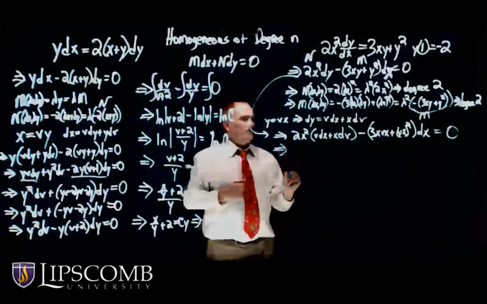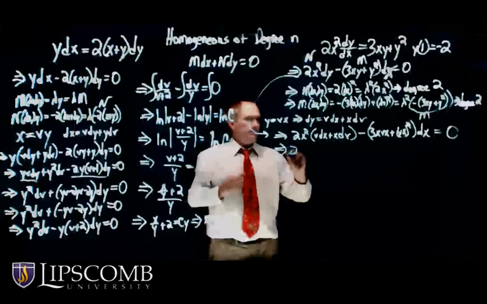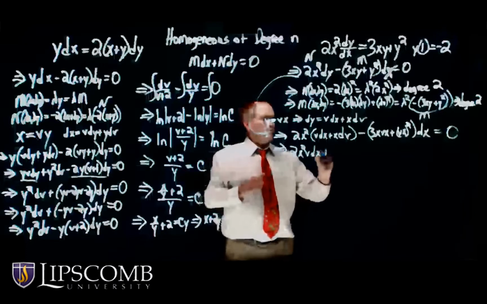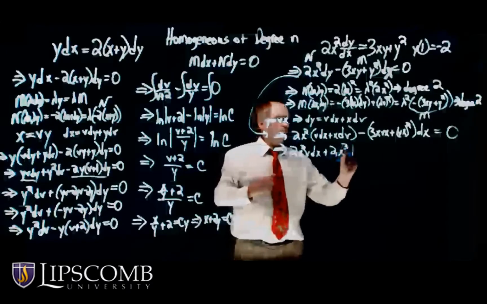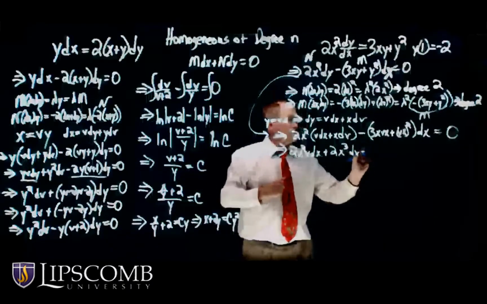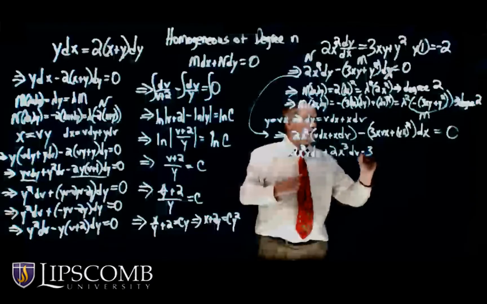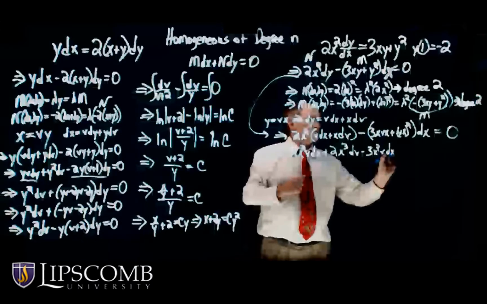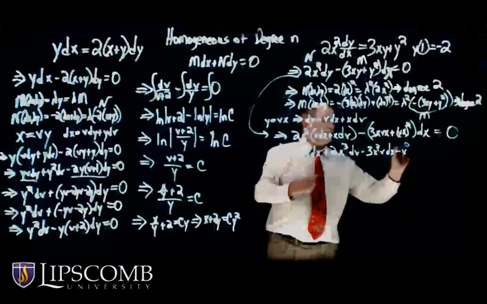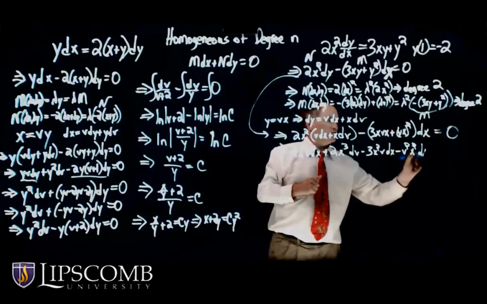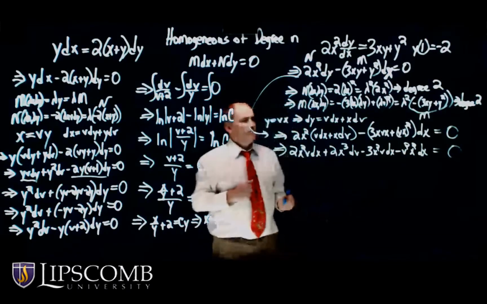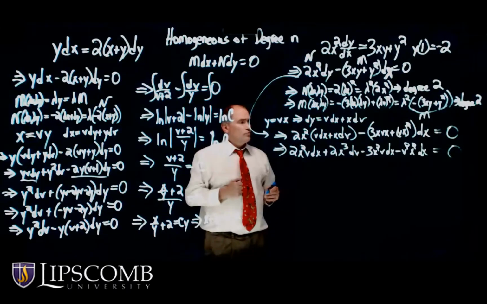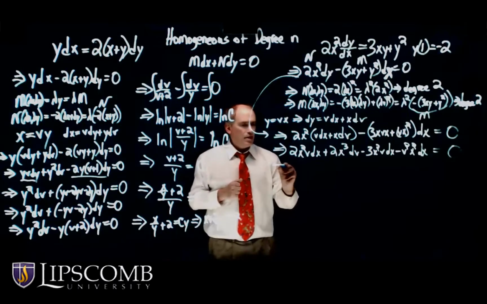So let's write all this out. I like to write it all out to simplify it. 2x squared v dx plus 2x cubed dv minus 3, and I'm going to distribute that 3, x squared v dx minus v squared x squared dx, of course equaling 0. So now let's put apples with apples, oranges with oranges. So I'm going to put all the dx's together.